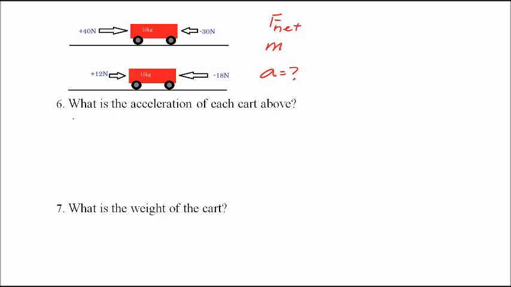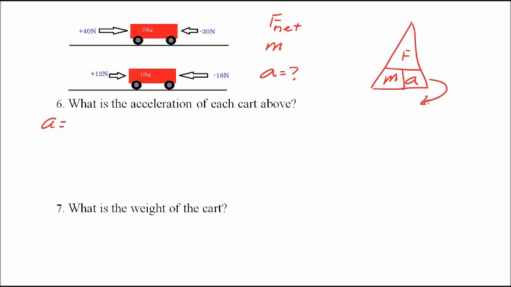Now remember, we need an equation that says acceleration equals, not force equals. So I'm going to use that magic triangle again. Remember that magic triangle says force equals mass times acceleration.